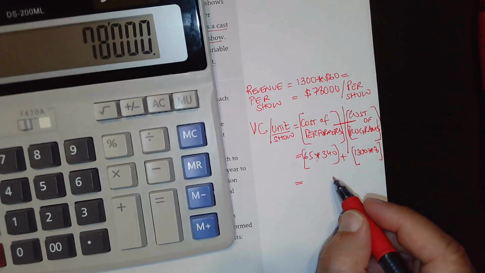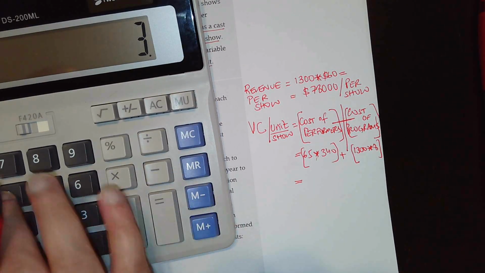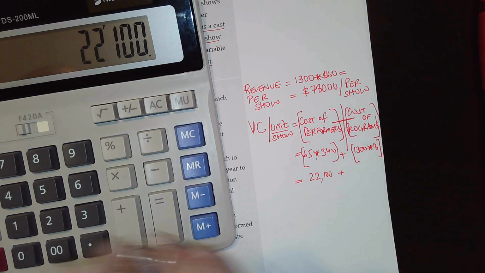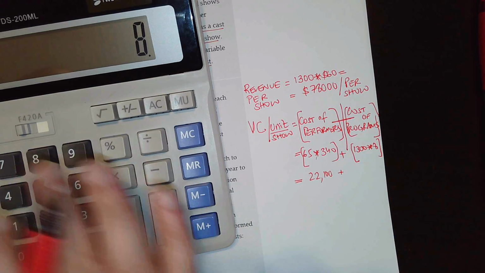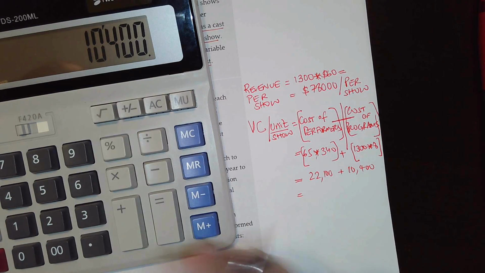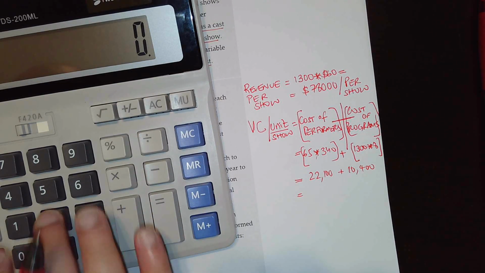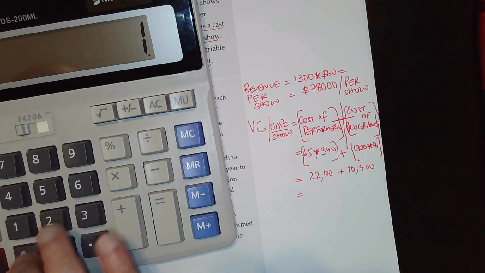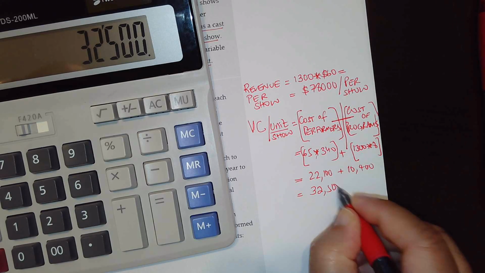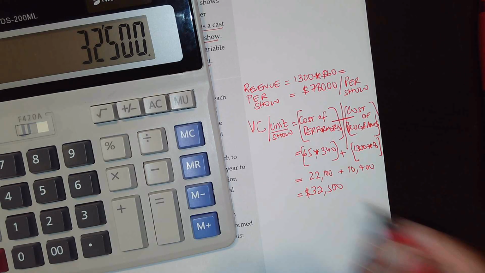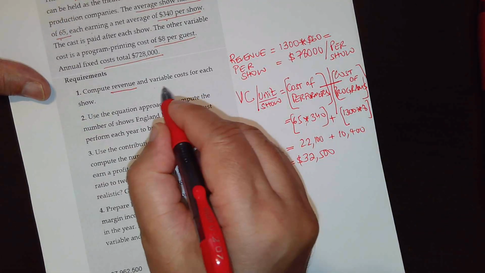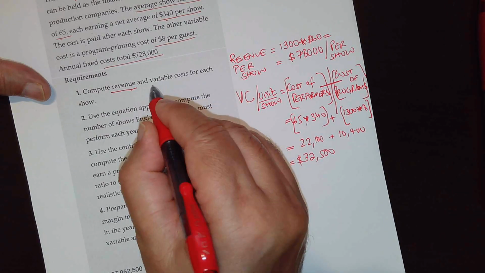So 65 times 340 is 22,100, plus 1,300 times 8 is 10,400. 22,100 plus 10,400 is equal to 32,500. So that is our variable cost per show.